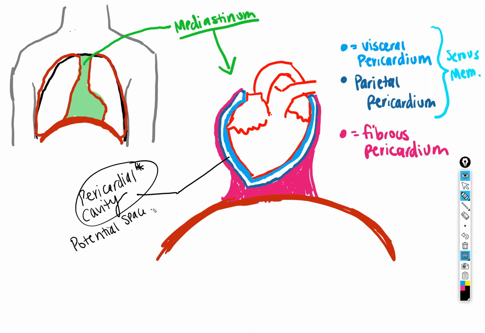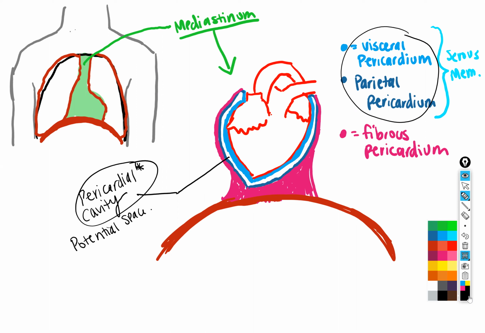Which sounds confusing. Here's the deal. If we know that these guys are both serous membranes, and they are, that means that they look like this. Let's zoom in here.